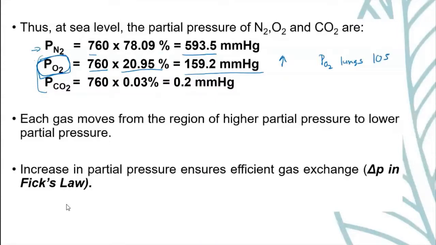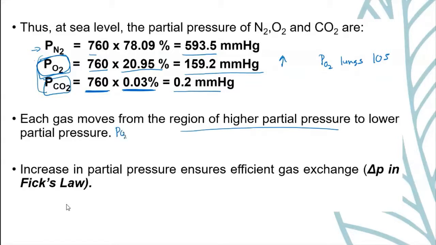Okay, so the partial pressure of carbon dioxide in the atmosphere, macam mana nak dapat? Total atmospheric pressure kali dengan dia punya fraction, 0.03%, you get 0.2 millimeter mercury in the atmosphere. Okay, so each gas moves from the region of higher partial pressure to a lower partial pressure. Ini saya tulis balik semula.